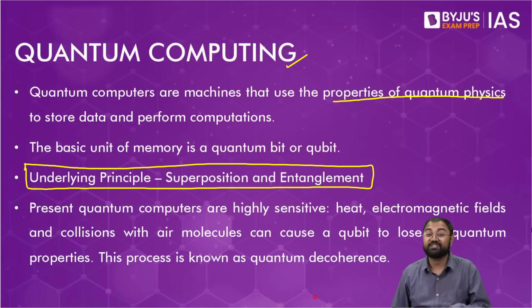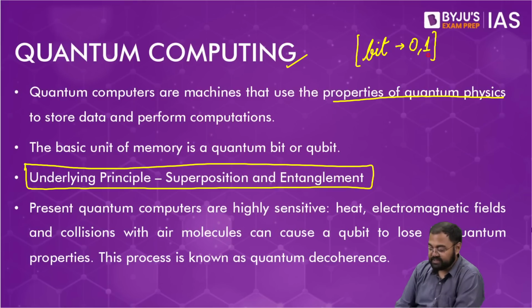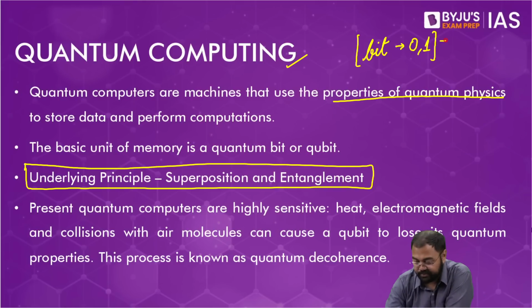Now what's the speciality about quantum computers? Instead of using the normal memory units which are called bits, if you know the basics of computers, you might have come across this term bit, which is represented by a bunch of zeros and ones, correct? This is the basic memory unit of a computer.